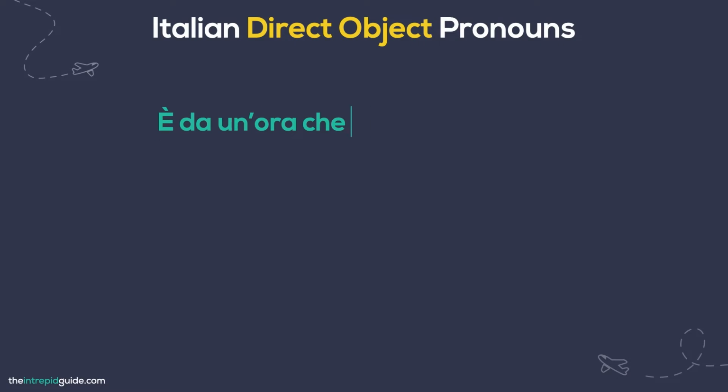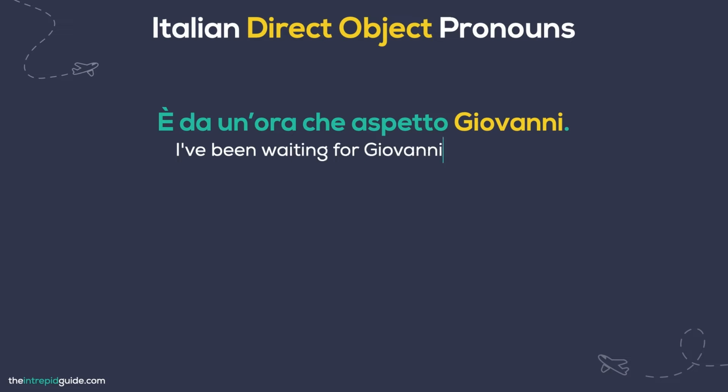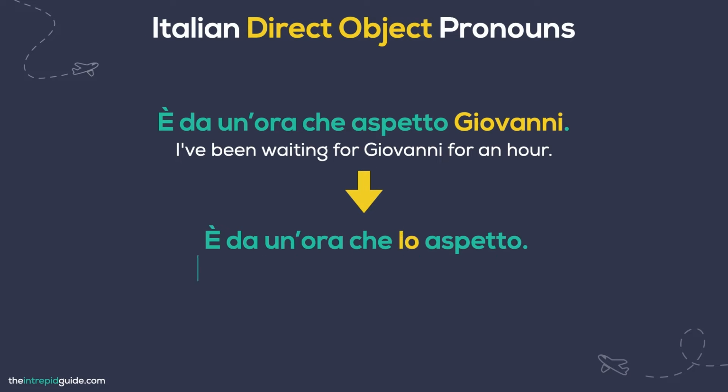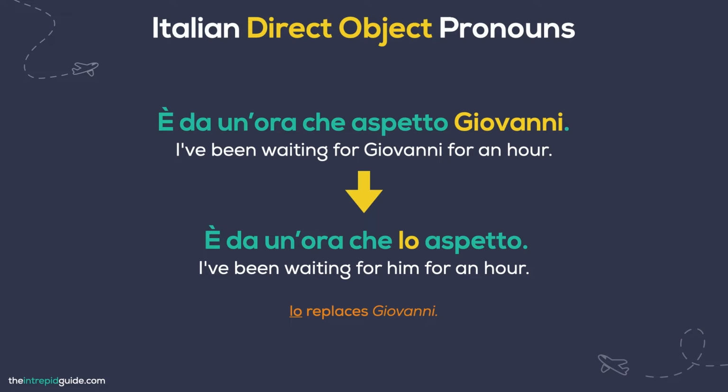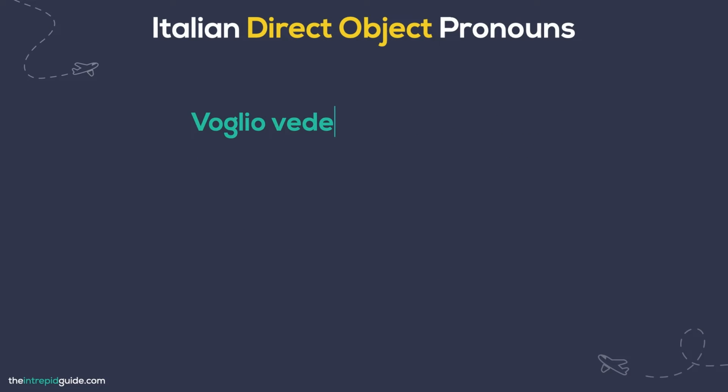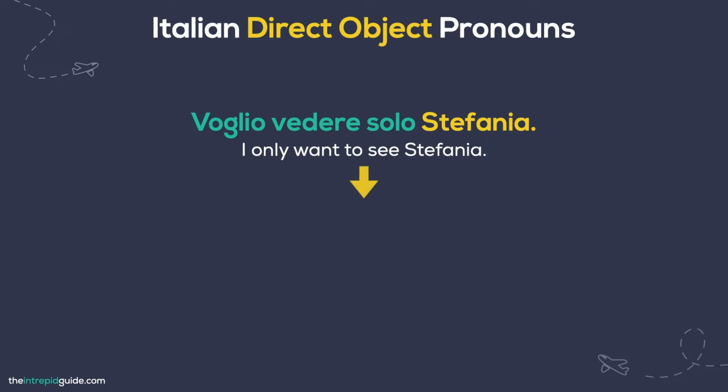Let's take a look at some examples. È da un'ora che aspetto Giovanni. I've been waiting for Giovanni for an hour. È da un'ora che lo aspetto. I've been waiting for him for an hour. Lo replaces Giovanni. Voglio vedere solo Stefania. I only want to see Stefania.